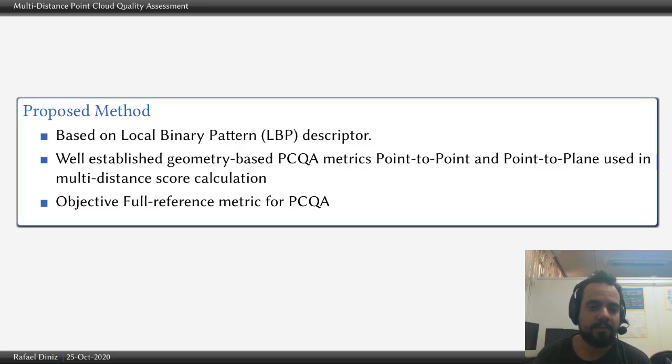And our proposal is a multi-distance metric which uses 3 scores to get the final one. So our proposal is a full reference metric, as it uses the reference and the degraded point cloud to attribute a score.